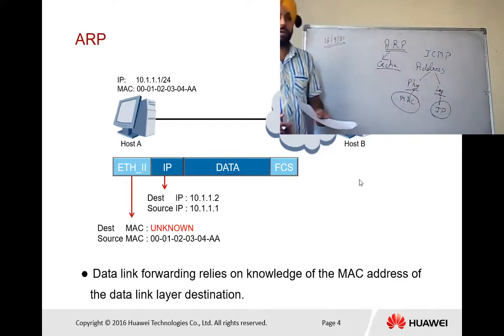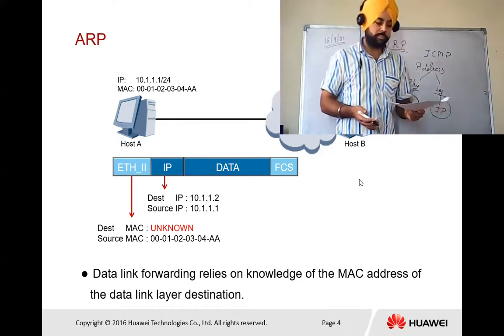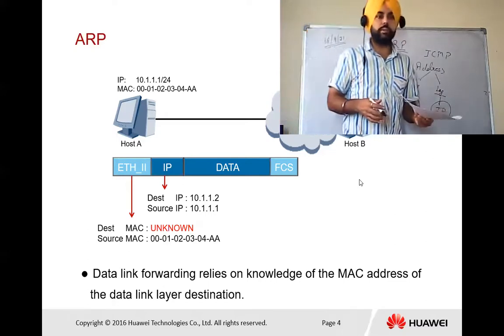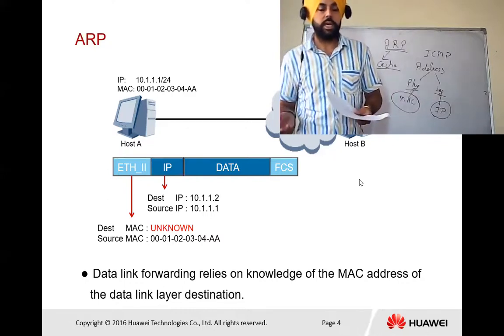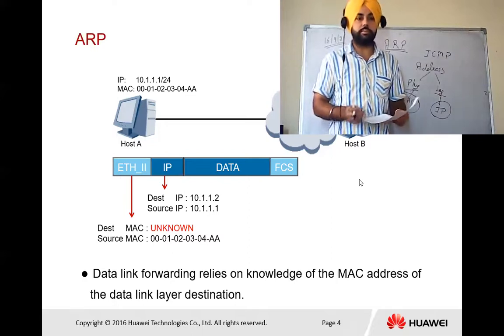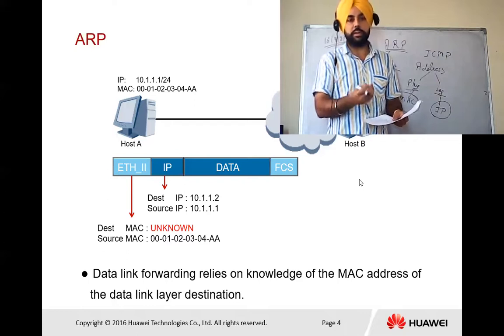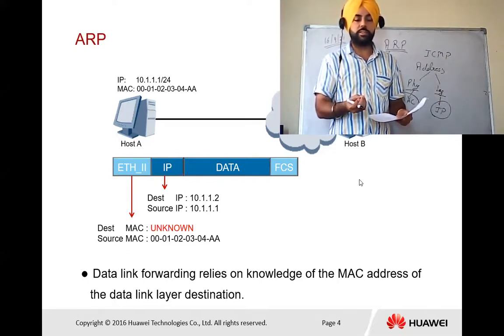In this diagram, if host A wants to send traffic to host B, can you tell me what the source IP address and the destination IP address are? We need some kind of destination address, whether it is an IP address or a URL.